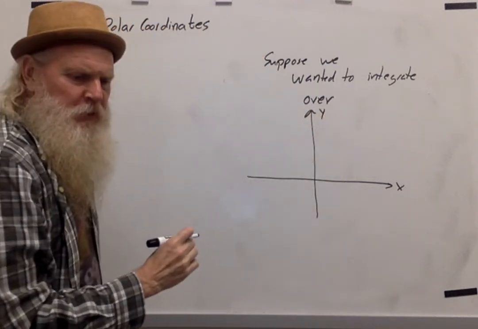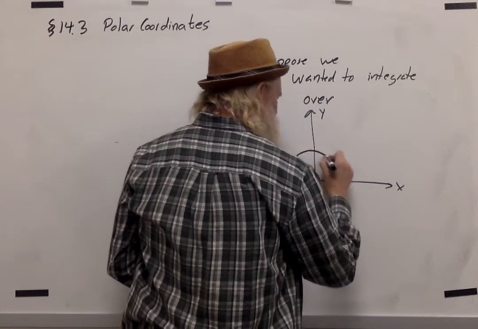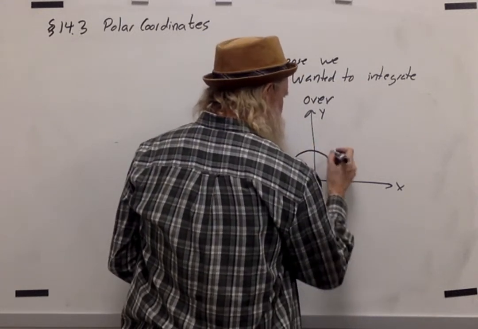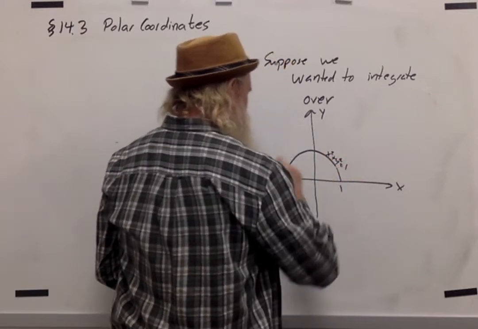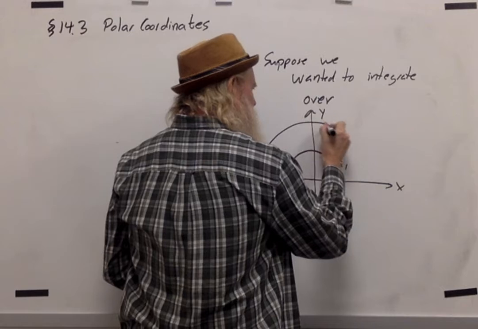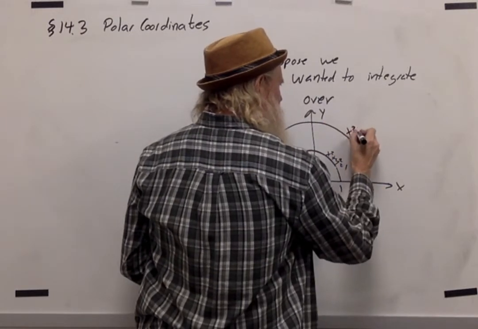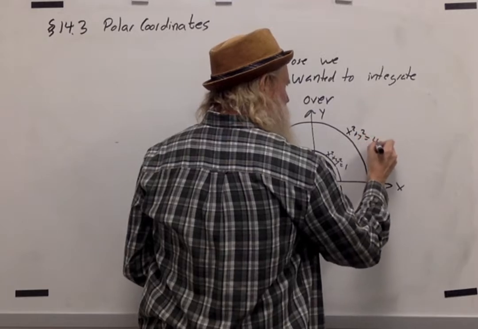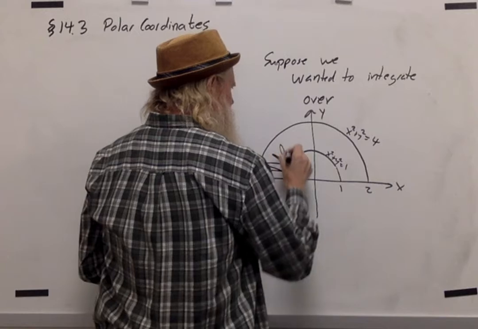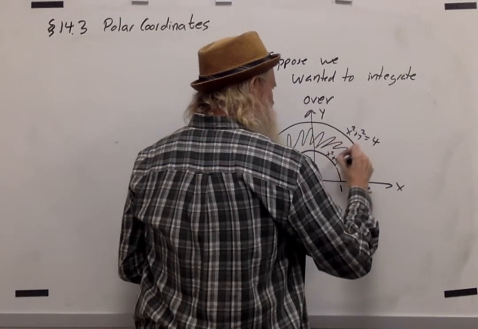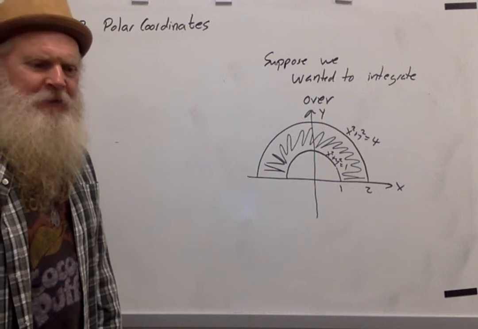It's going to be the region between two circles, a circle of radius 1, so that's x squared plus y squared equals 1, and a circle of radius 2, which should be x squared plus y squared equals 4. And like I say, I only want the part between those two curves and living in the upper half plane.